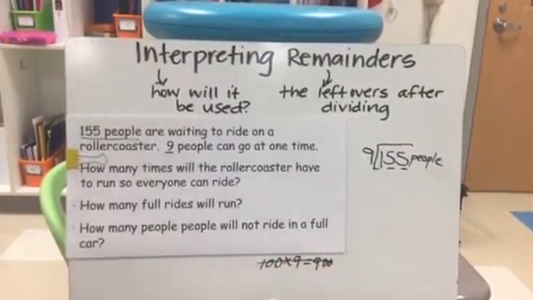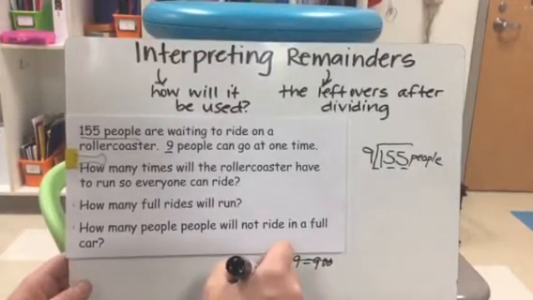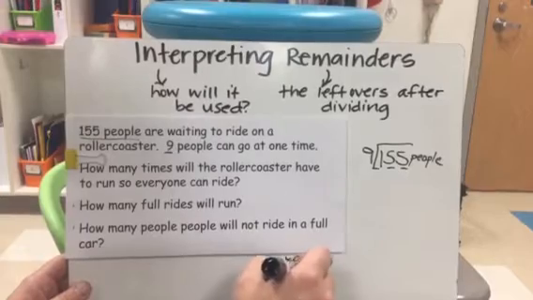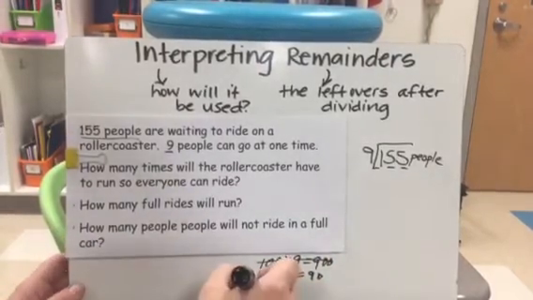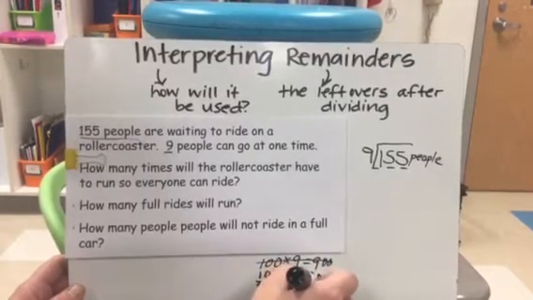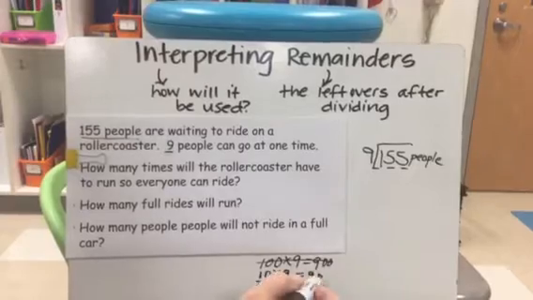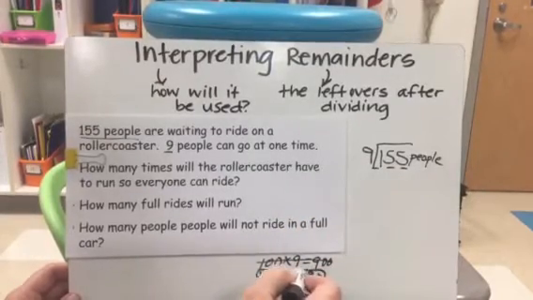Let's use tens. Let's see if I can do 10 groups of 9 people. Well, if 10 rides go of 9 people, that's 90. And if 20 rides of 9 people go, that's 180. I don't have 180. I have 155. So I'm going to use this right here.